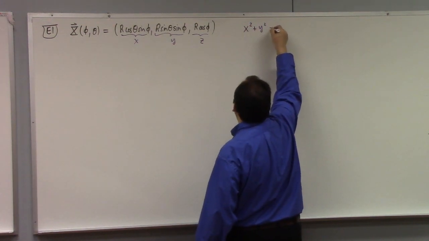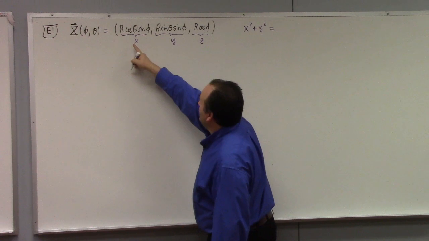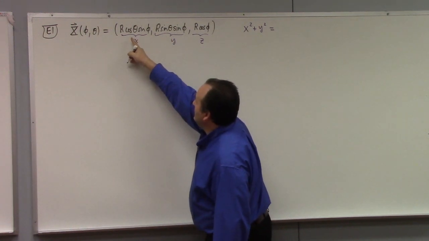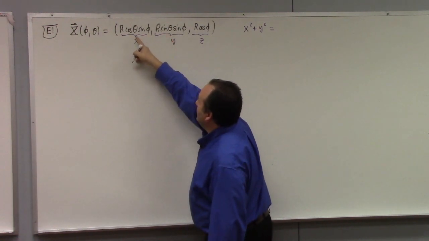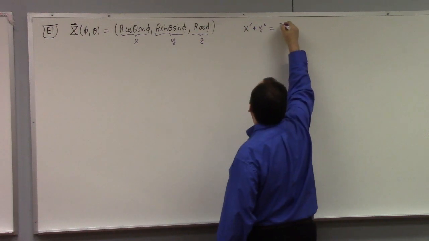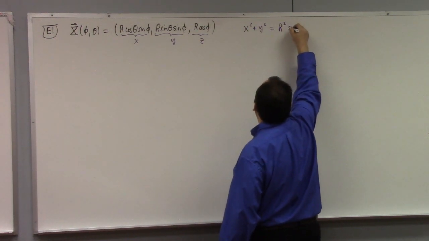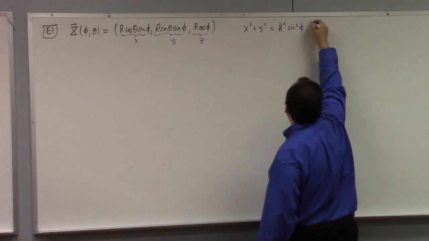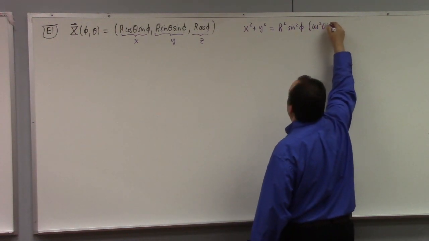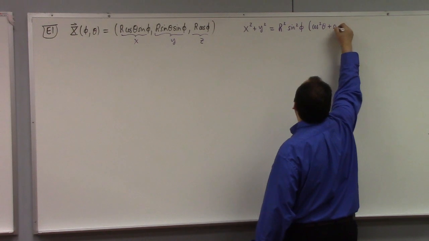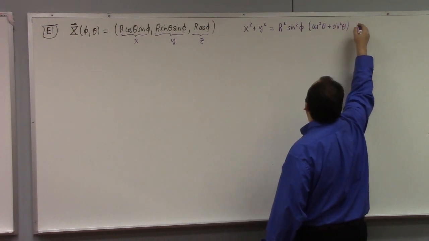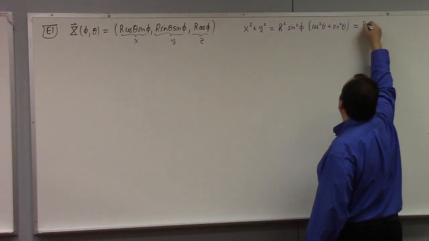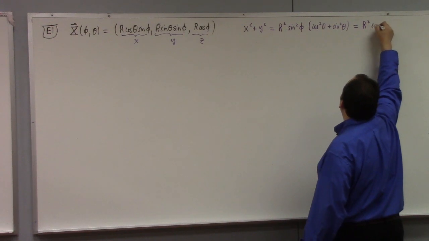What happens with the formula? Think about it in your mind. You get a sine squared and a cosine squared theta. So it simplifies to r squared sine squared phi, because there's a cosine squared theta plus sine squared theta. We can factor out the common term, so we just get r squared sine squared phi.